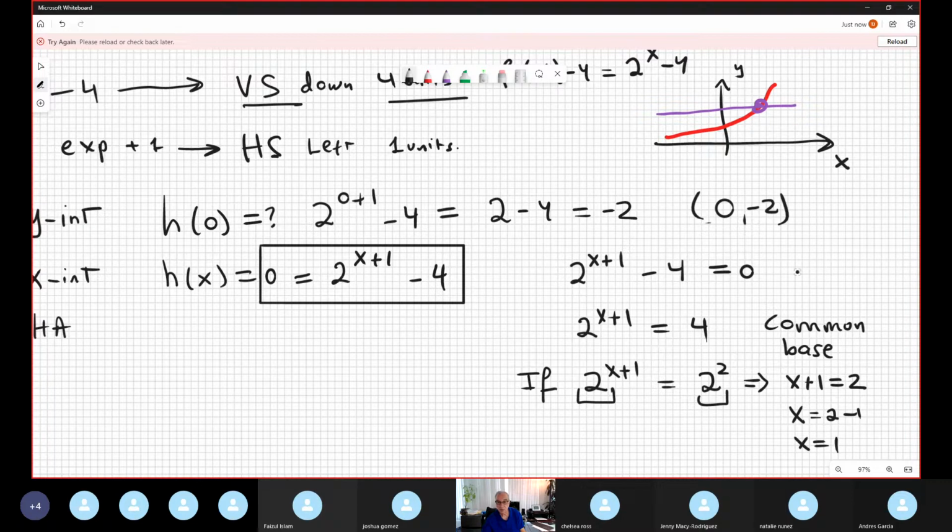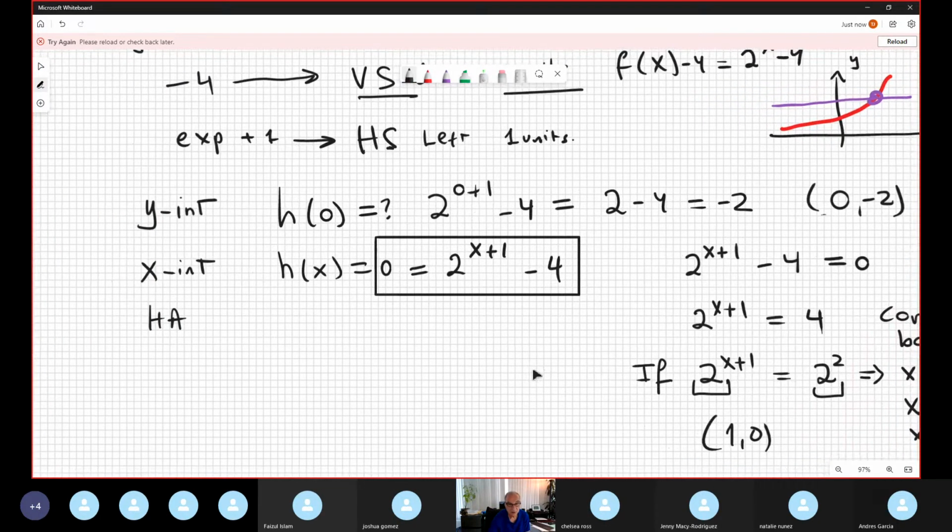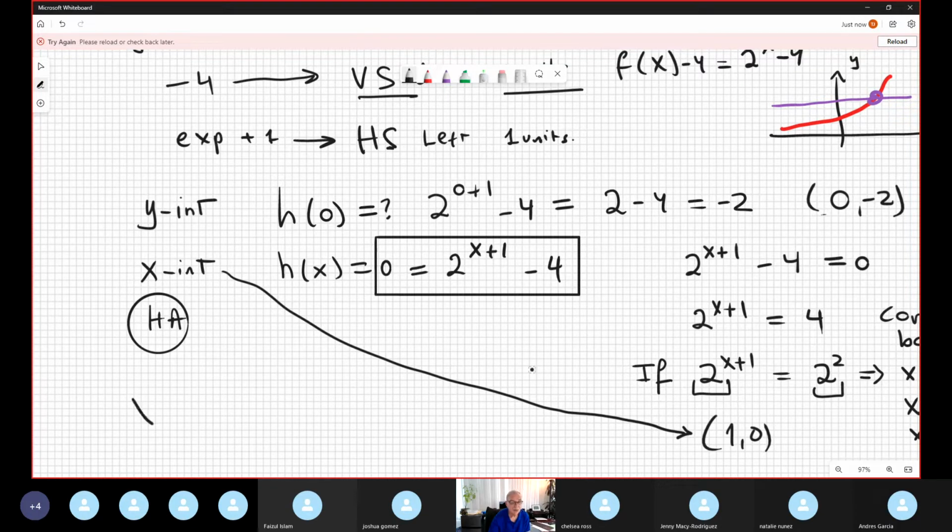And the famous point is the point (1, 0). (1, 0) is the x-intercept. And the horizontal asymptote is, remember, the horizontal asymptote is found when x approaches positive infinity or when x approaches negative infinity.